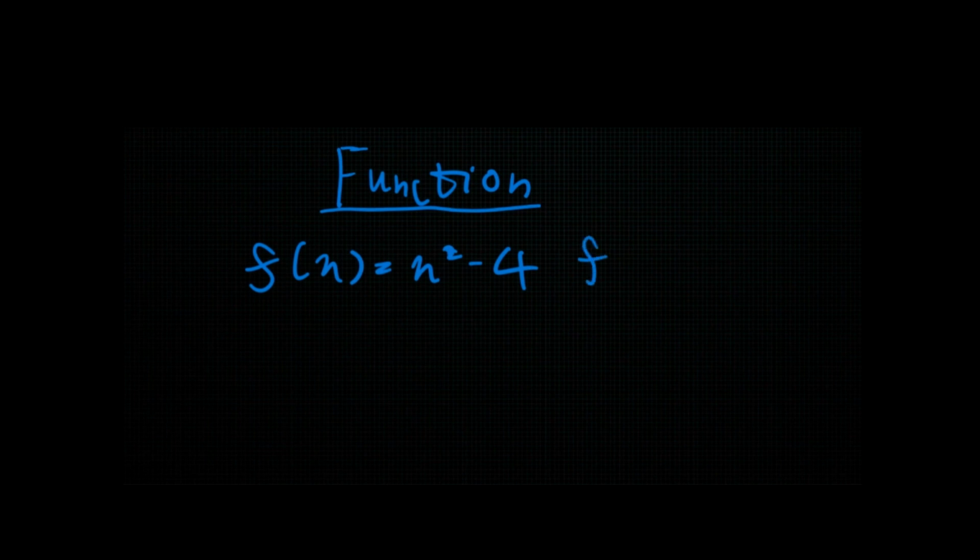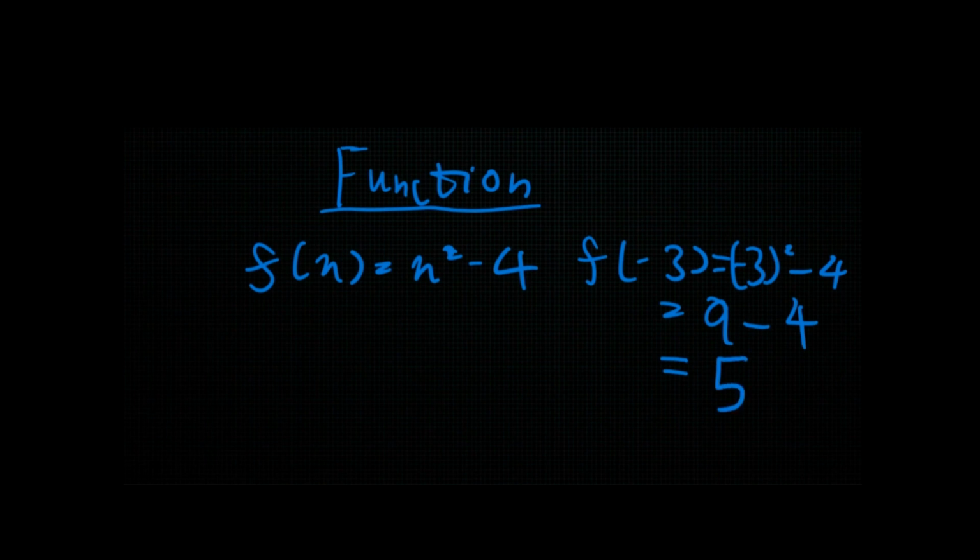So that will equal negative 3 squared minus 4. Negative 3 times negative 3 equals positive 9, because minus minus equals plus. And then subtracted by 4, which will be 5. Therefore f of minus 3 is 5.